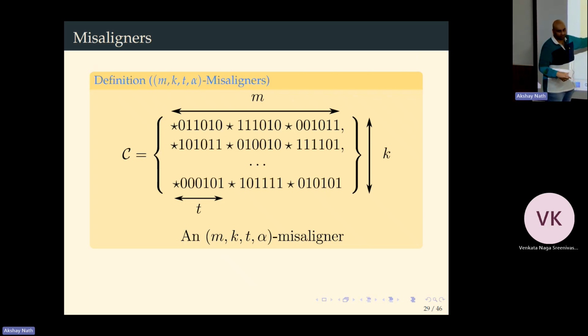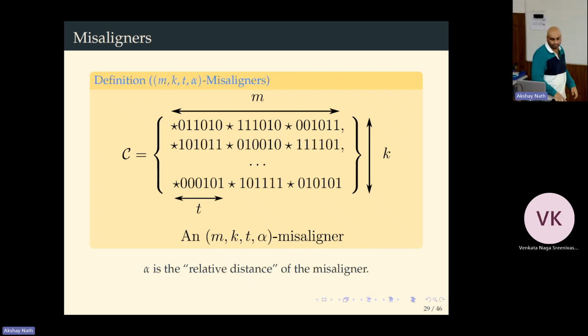It's a block of size t, where you have first a wild character and then t-1 binary bits, and then again a wild character and then t-1 bits. So t is the length of this block. And finally, alpha is some relative distance. So there are 4 parameters: the number, the length, the block size, and the distance.